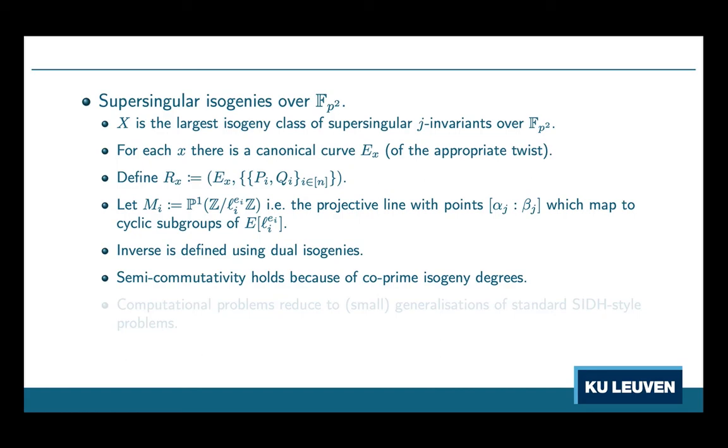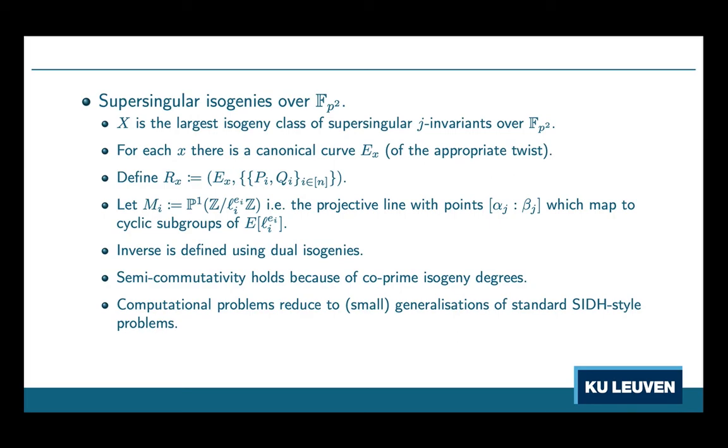So we have here all the elements that we need for our semi-commutative structure. And the computational problems that result from the instantiation of the problems I defined earlier are small generalizations of the standard SIDH problems, so the same security problems that SIDH and these constructions rely on.